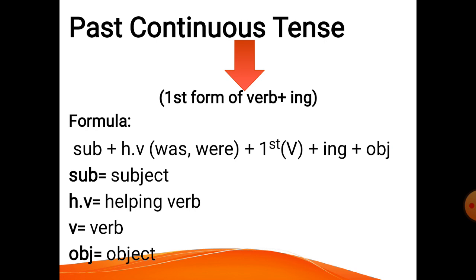These are the abbreviations used in the formula, which are mentioned at the end of the page, which you can see easily. SUB stands for subject, H.V stands for helping verb, V stands for verb, and OBJ stands for object. So the formula becomes subject plus helping verbs was and were plus first form of verb plus ing plus object.